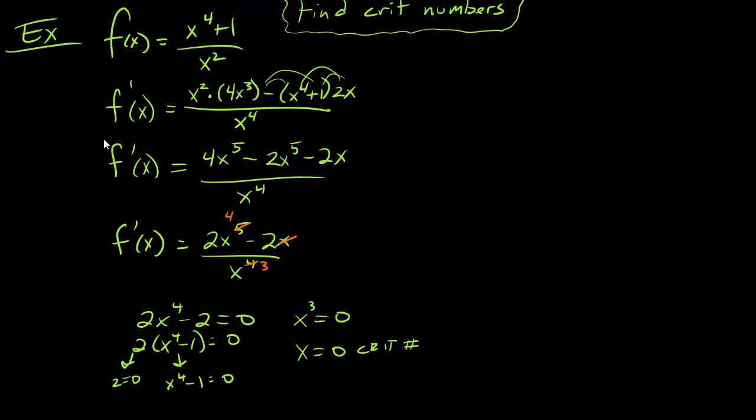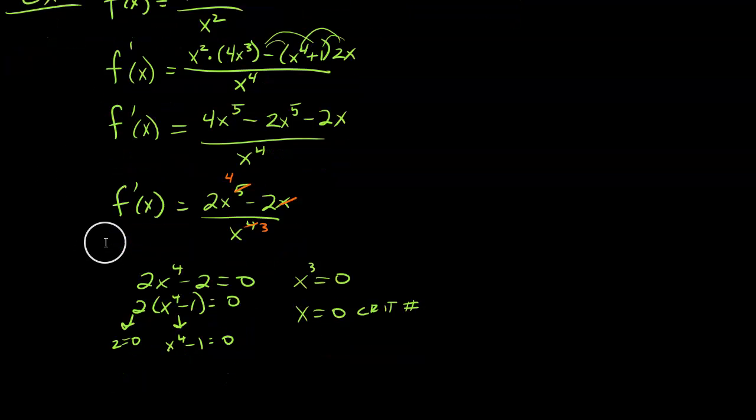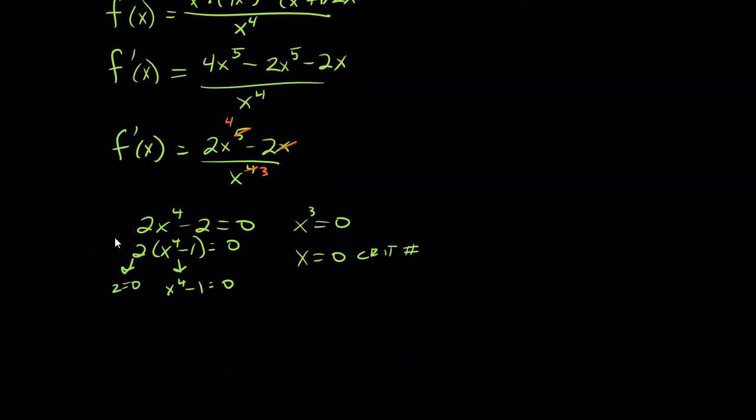Or I could factor this into x squared plus 1 times x squared minus 1. Either way, this gives me plus and minus 1. So no matter how you solve it, it has 2 imaginary answers, 2 real answers. And then x equals 0.